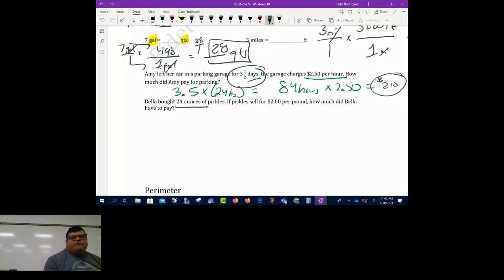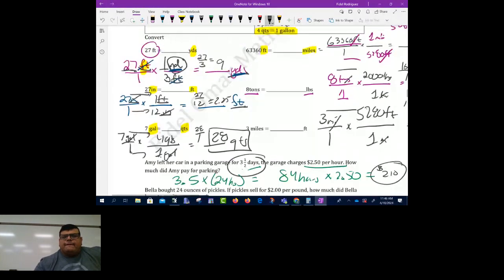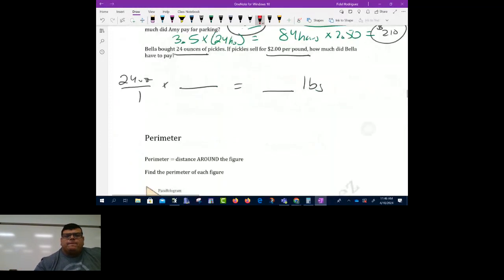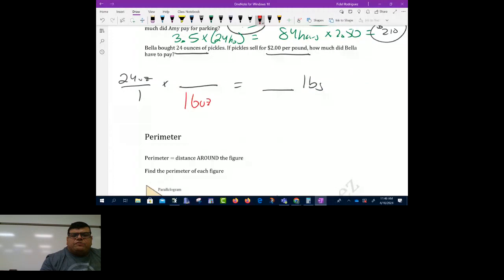Y'all, let's take a look at this one. Bella bought 24 ounces of pickles, but they charge pickles by the pound. How much did she have to pay? So look, y'all, 24 ounces over 1 times something is going to be our answer in pounds. Y'all, right over here. Let me clean this up. 16 ounces is in 1 pound, y'all. Okay. So look, 16 ounces, 1 pound.